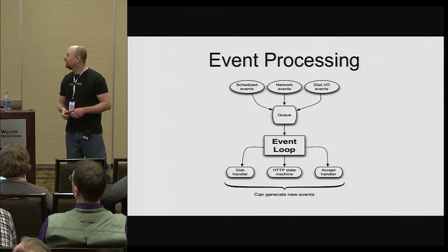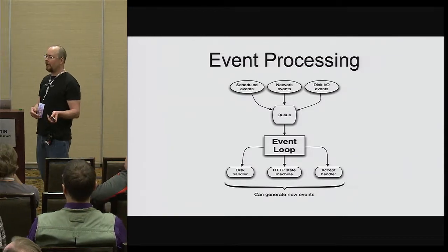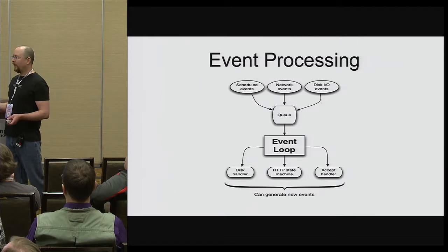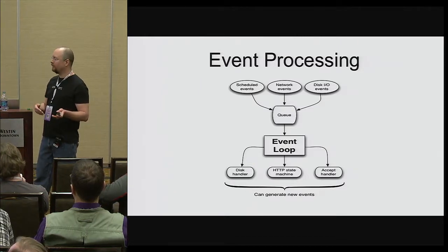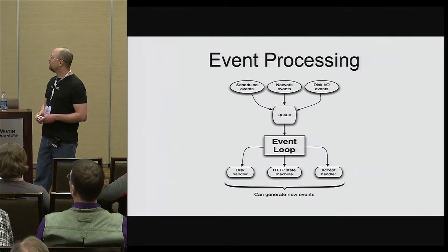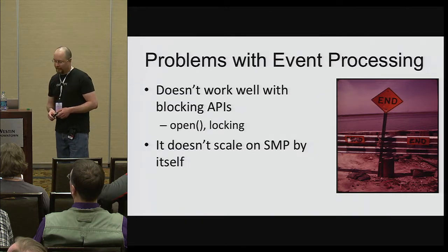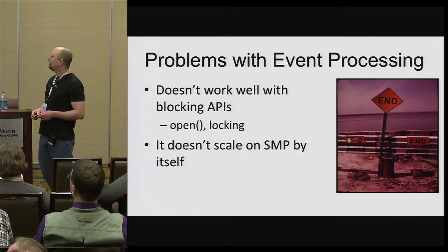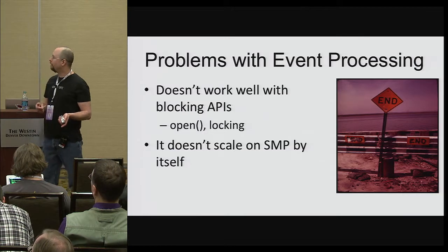Event processing is basically you have a whole bunch of events: scheduled events, network events, disk events. They get queued up, and you have an event loop that goes around, grabs the events, works on the event, and then continues around through the loop, grabbing more events. Some issues with event processing. It doesn't work well with blocking system calls or blocking APIs.